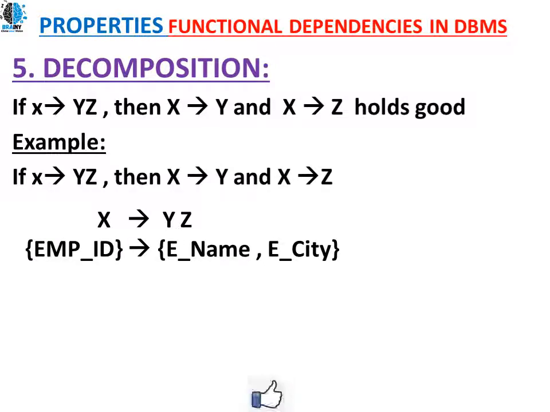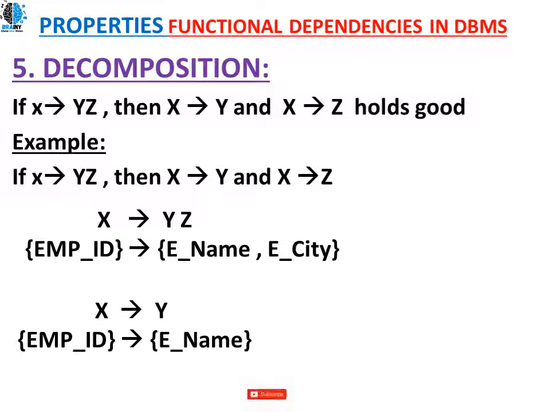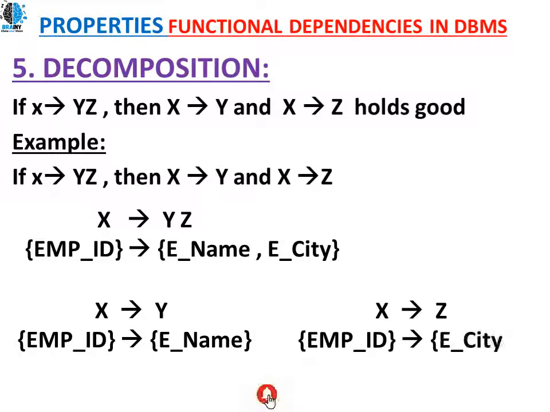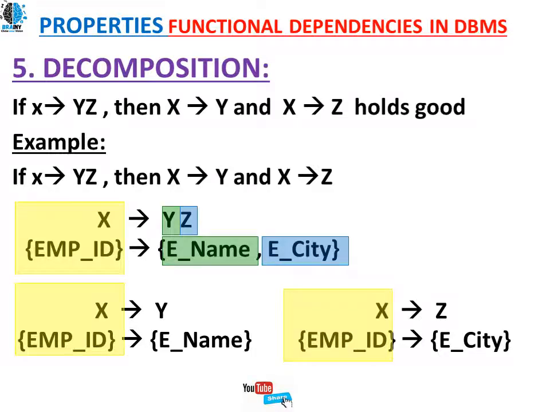employee ID, arrow, employee name, employee city. So employee city and employee name depend on our employee ID. So here X goes on Y: employee ID, employee name. So employee name depends on employee ID. Next, X goes on Z: employee city depends on employee ID, right?